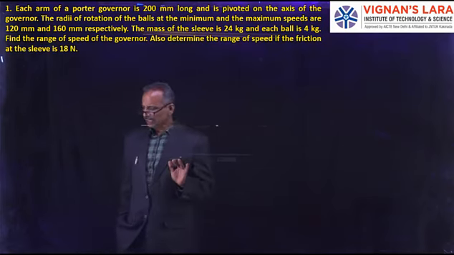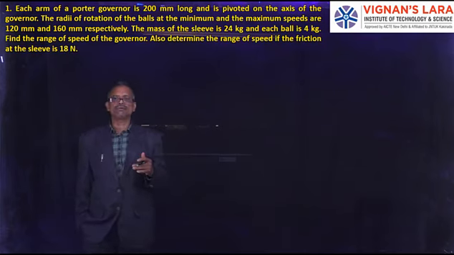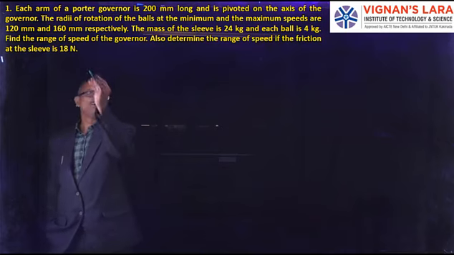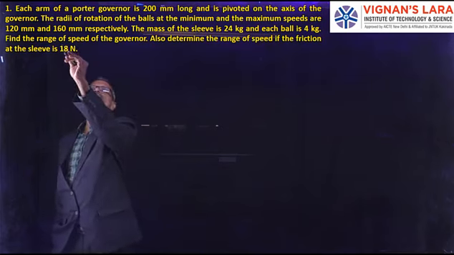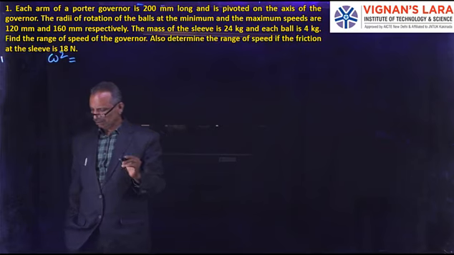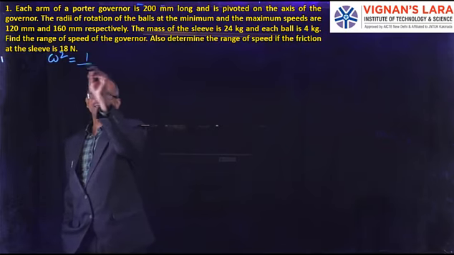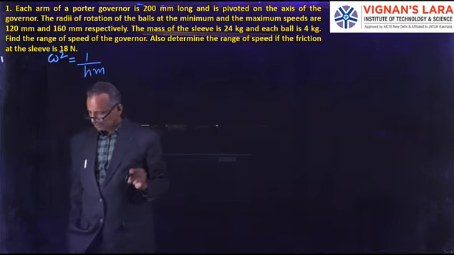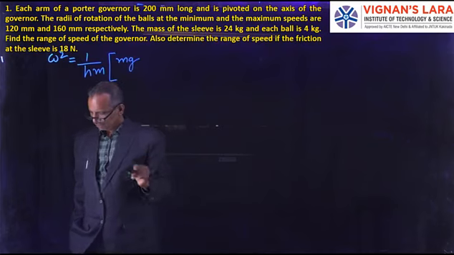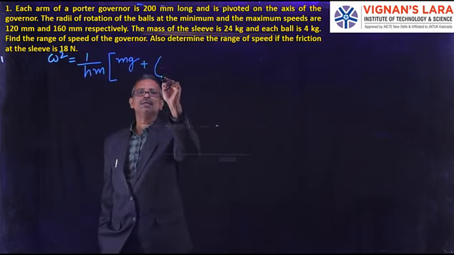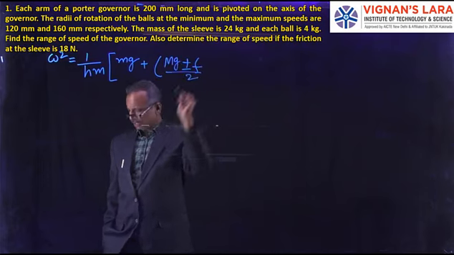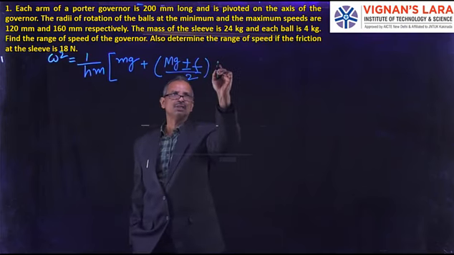So let us see the basic equation we have just derived, and let us write that equation. What is the equation we have written? Omega square is equal to 1 by hm into mg plus or minus f by 2 into 1 plus k.